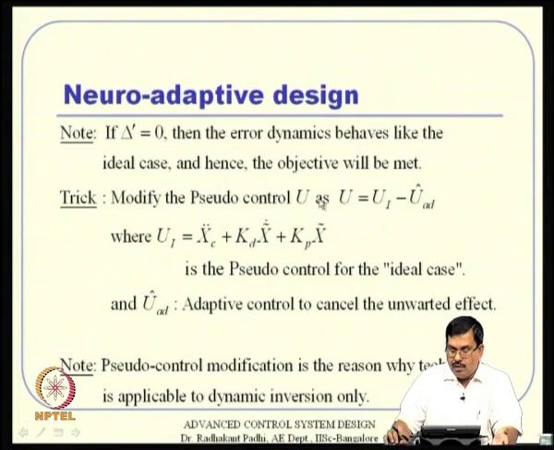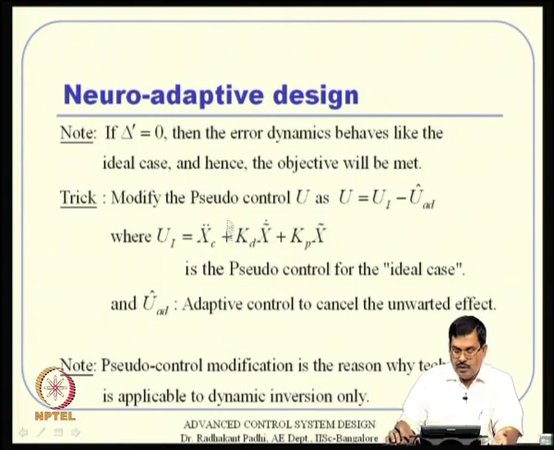Then this actual pseudo control is nothing but ui minus another term that I am bringing in here. This is nothing but the adaptive part of the pseudo control, so this will be computed adaptively. ui is the original case, the ideal pseudo control part of it, and uad hat is the adaptive control to cancel the unwanted effect actually.